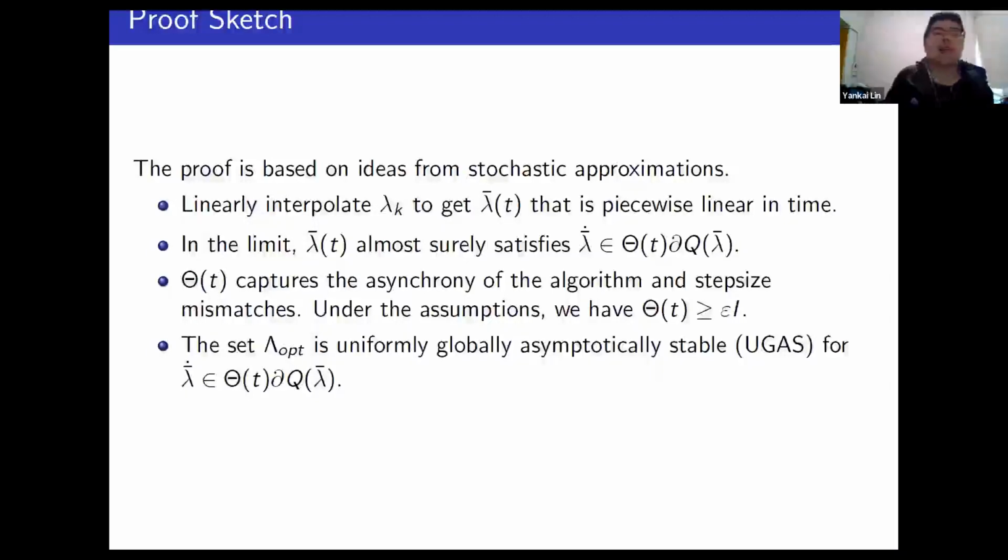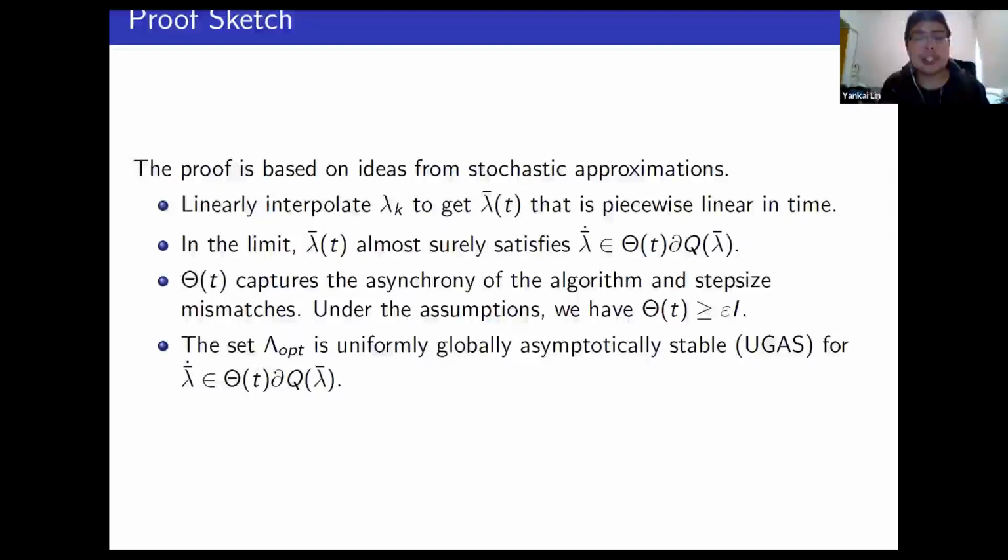After this interpolation, we get a function that's continuous in time. So now this lambda bar is a continuous trajectory, and lambda k can be viewed as samples from this continuous function lambda bar t at certain time instances. In this work, we choose to linearly interpolate lambda k, and that's not the only way to do it. You can also interpolate the functions using other approaches, but the idea of the proof will be very similar.